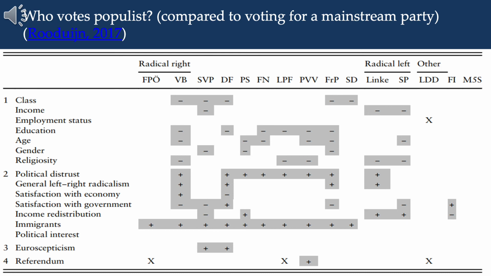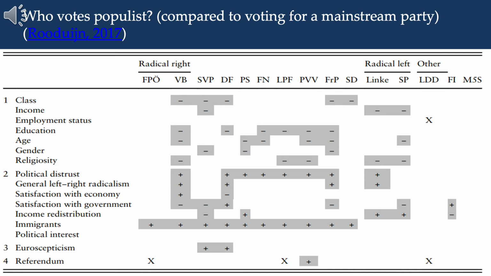This table might look quite complicated, but it really isn't. So firstly, what it represents is it shows variables that have a statistically significant correlation between that individual characteristic and support for various populist parties. Positive correlations are shown as a plus, negative as a minus, and a blank space means there's no statistically significant relationship.